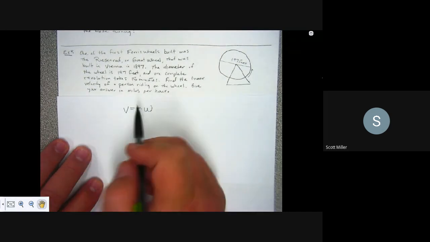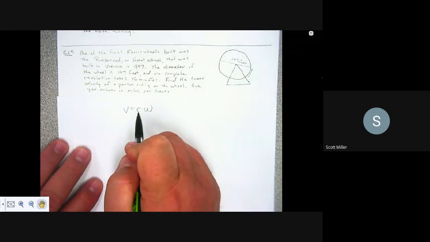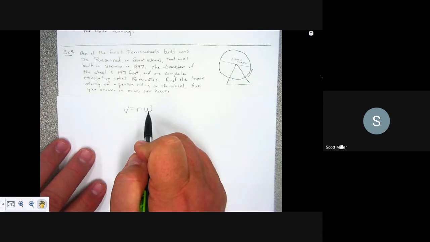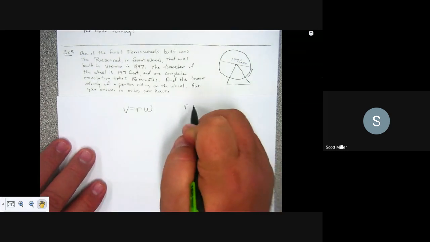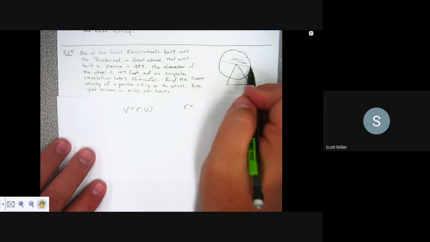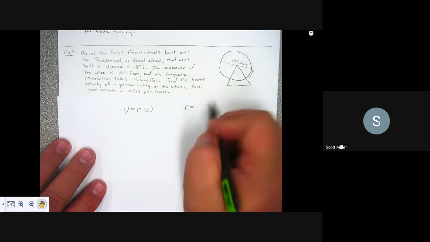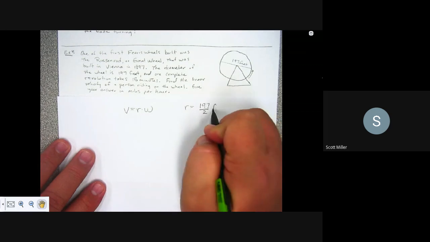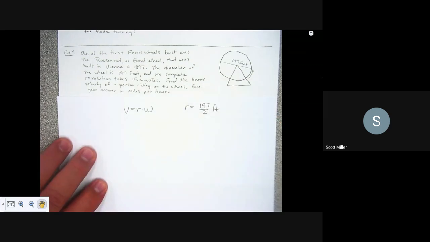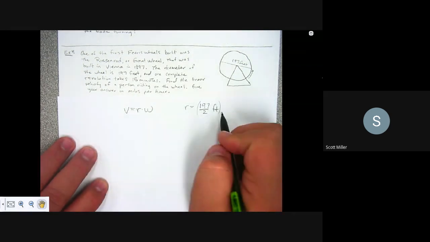I'm looking for the linear speed, so I need to know the radius, and I need to know the angular speed. So let's go work on those. Let's start with the radius. This is a diameter, so the radius is half the diameter, 197 divided by 2 feet. And just leave it like that, you're fine. So that's R, and R is in feet.